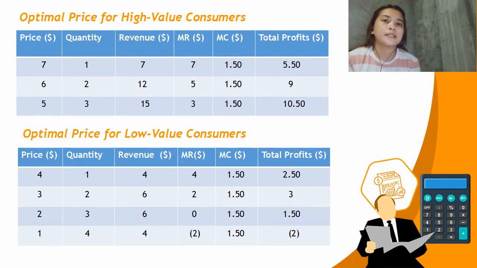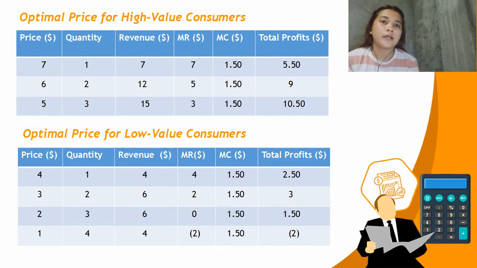If the price is 5, the quantity is 3, the revenue is 15, the marginal revenue is 3, the marginal cost is 1.5, and the total profit is 10.5, since 1.5 times 3 is 4.5, and 15 minus 4.5 equals 10.5.